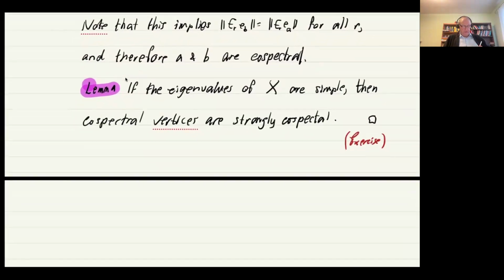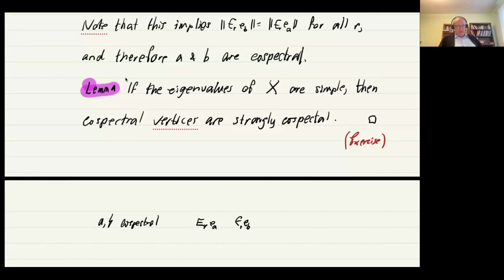So we've got vectors, assuming X's eigenvalues are simple, and a and b are cospectral. Now let's look at E_r e_a and E_r e_b.